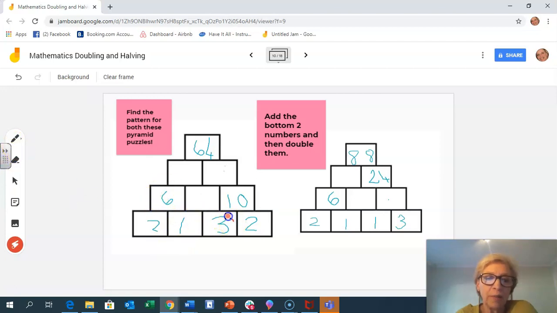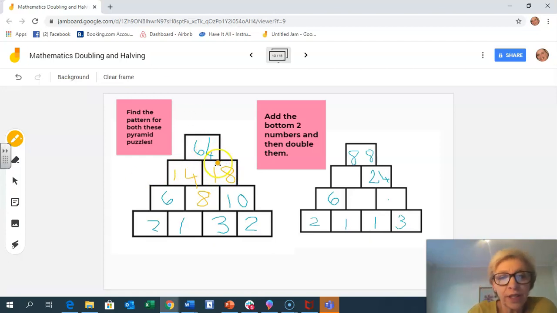We're going to do the same here. 1 plus 3 is 4, but double that. 4 times 2 is 8. Now we're going to look at these two numbers. 6 plus 8 is 14. And 8 plus 10 is 18.